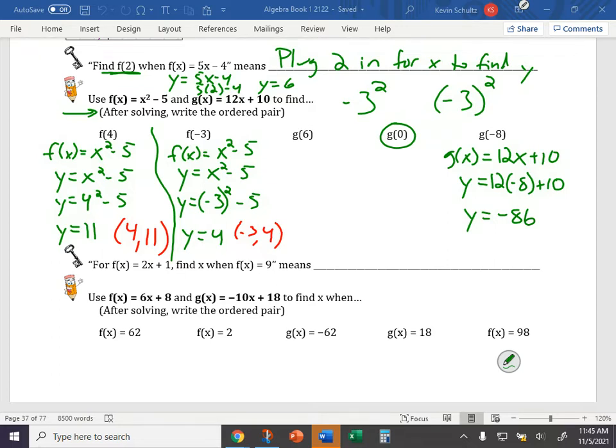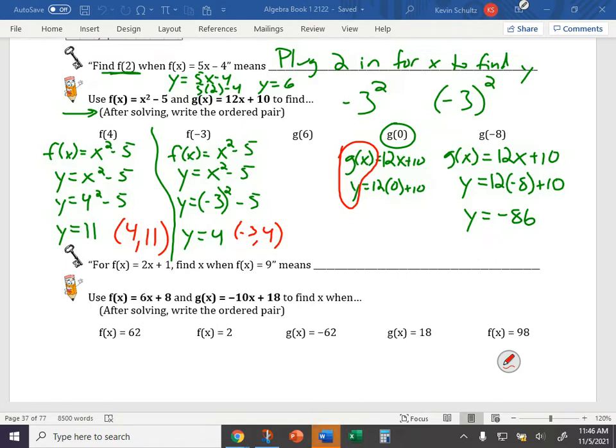The fact that it's g of 0 means you're using the g of x equation, right? So g of x, and you're plugging in 0 for that x variable. And then you're solving. Okay? Writing out this relationship here is going to be helpful. That g of x or f of x or whatever is just the y variable.